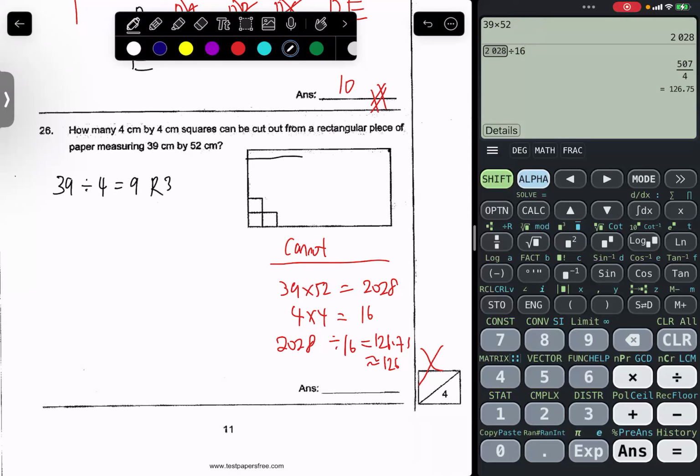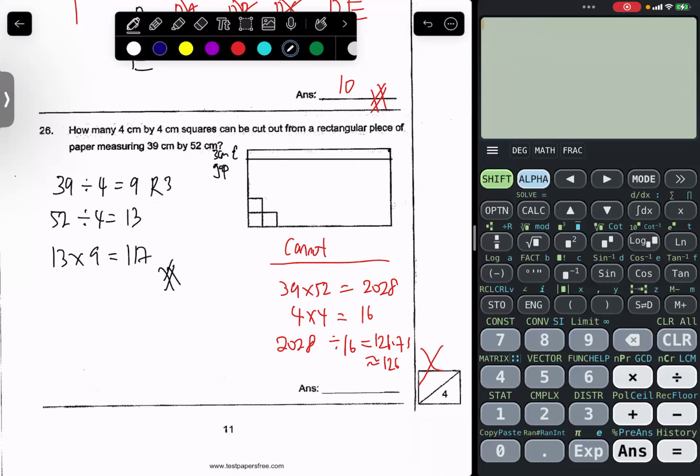So there's a 3 cm gap down here that you can't do anything about. You can't cut a 4 cm out of the 3 cm. It's just not possible. Then out of the 52 divided by 4, you get 13. So total squares 13 by 9, right? So that is 117.